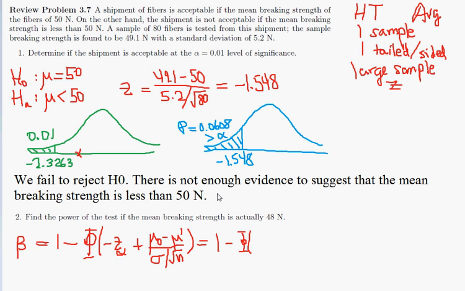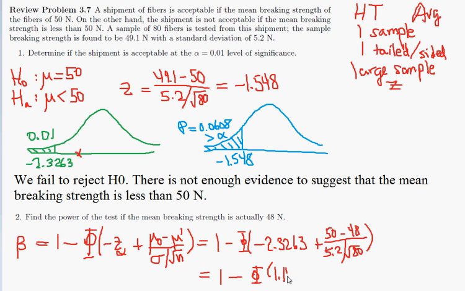So negative Z sub alpha will be the critical value, negative 2.3263, plus 50 minus 48, divided by sigma, which we will estimate to be 5.2, over the square root of 80. And so this is equal to 1 minus phi of, and we do the arithmetic, we get 1.1138.